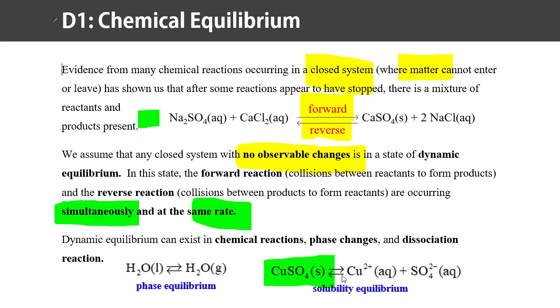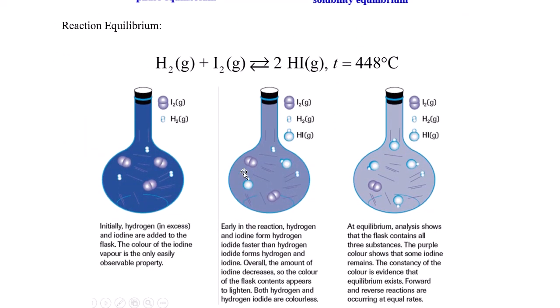Now, at first glance, it would seem that the solid has just stopped dissolving, but just like in these other cases, there still is solid dissolving, but this forward dissolving process is equal to this reverse crystallization process.